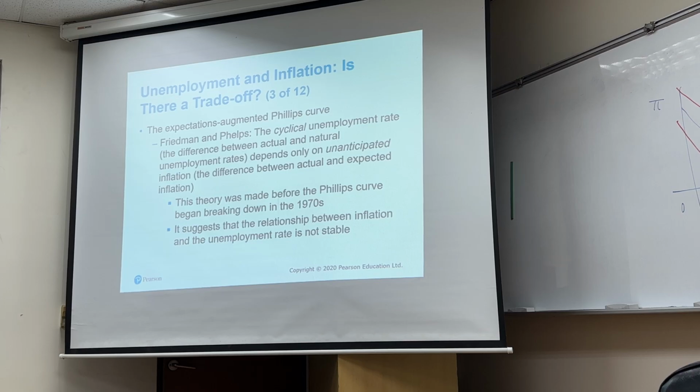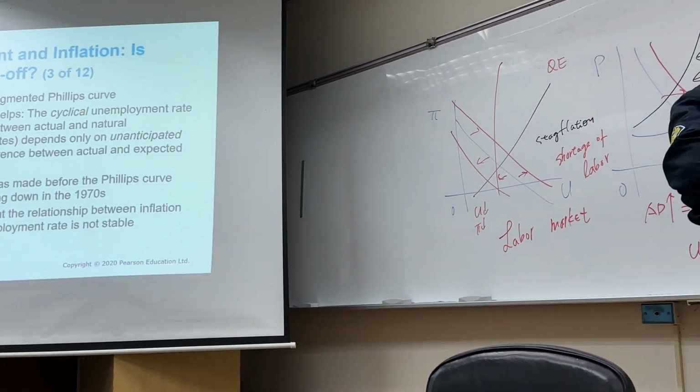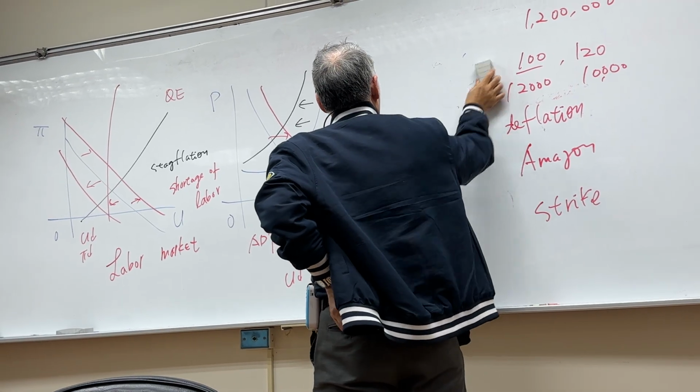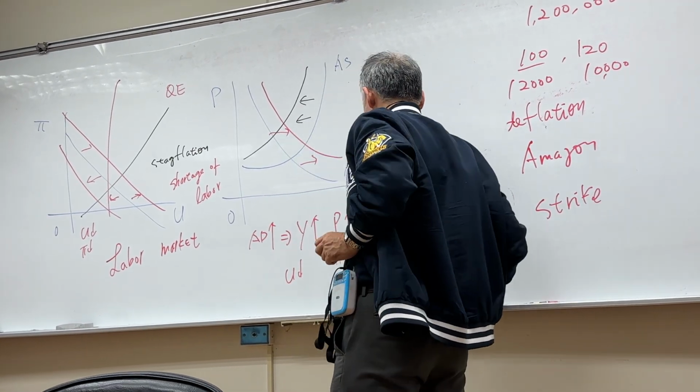Okay. He said the expectations augmented Phillips curve, just like we have mentioned before. Usually people will form their expectations, and that's what we call rational expectations. So people form their expectations.